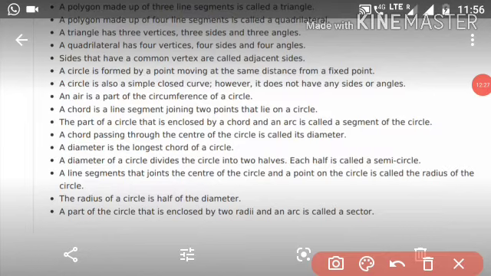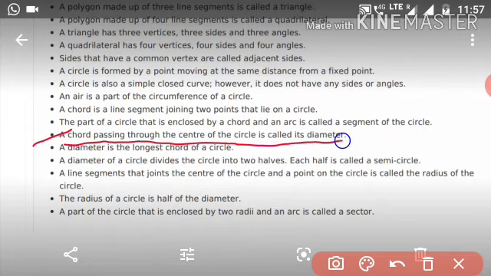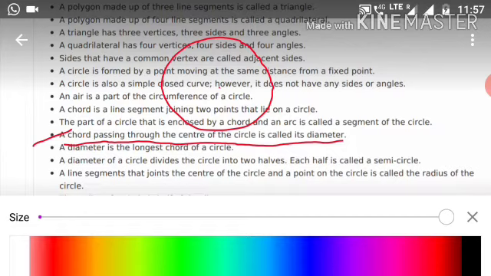Now a chord that passes through the center of the circle is called what? Its diameter. Suppose I draw one circle, and suppose this is the center.